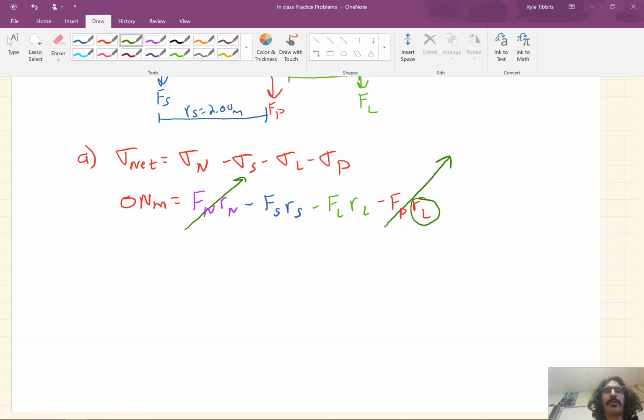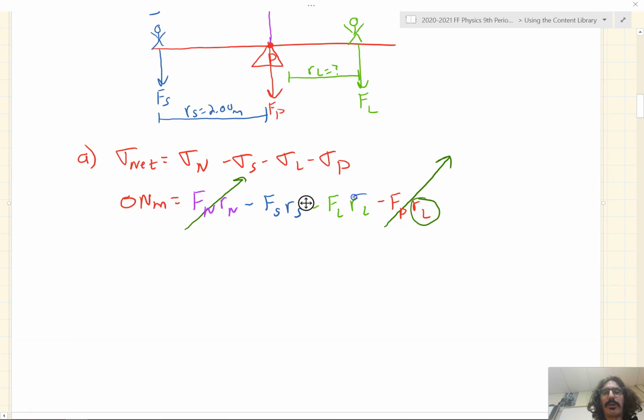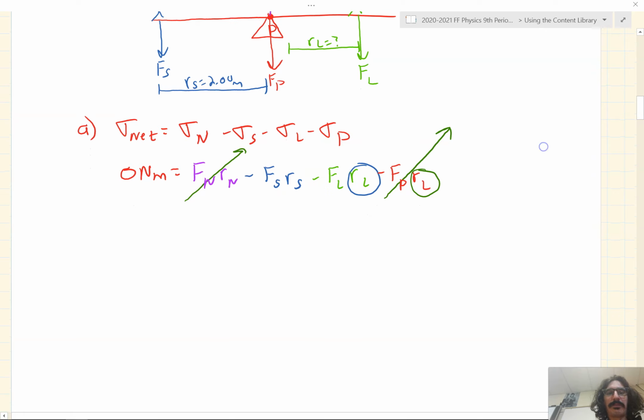What we're trying to solve for is R, how far away should Luca stand so that the seesaw doesn't rotate. So let's add Sophie's torque to the other side and then divide by the force of Luca.